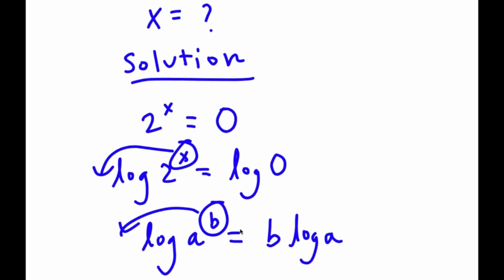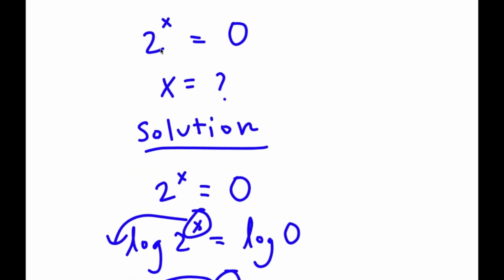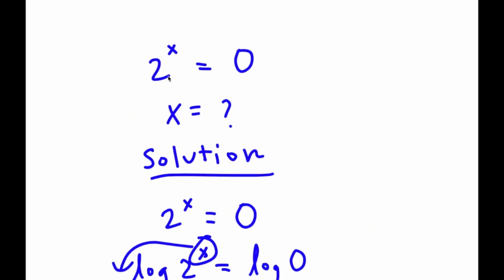And also, if you look here, you can't actually take the power of a number and make it equal to 0, because no matter what power you take, a number cannot equal 0. So undefined is my answer.